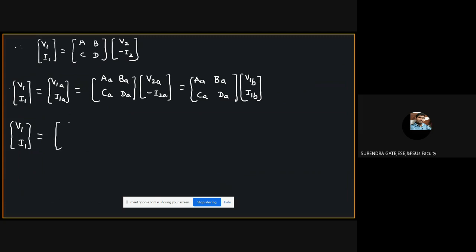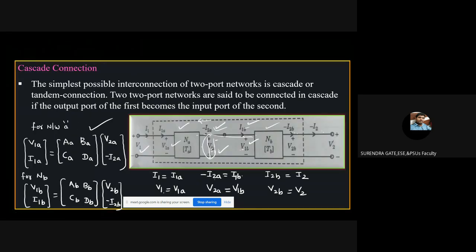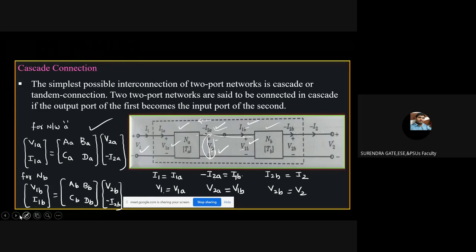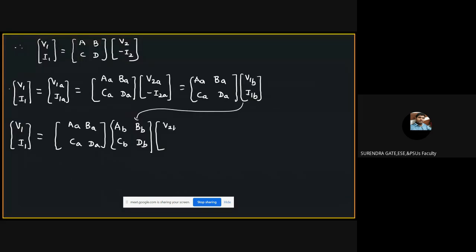This is AA, BA, CA, DA into V1B I1B. Shall I write V1B I1B like this, AB, BB, CB, DB, into V2B minus I2B.